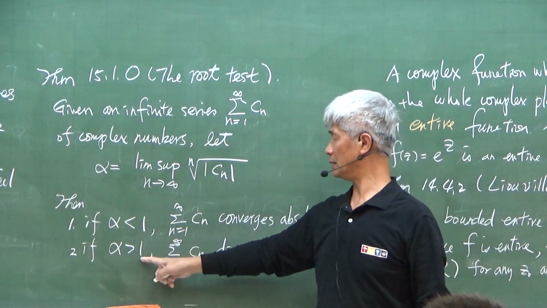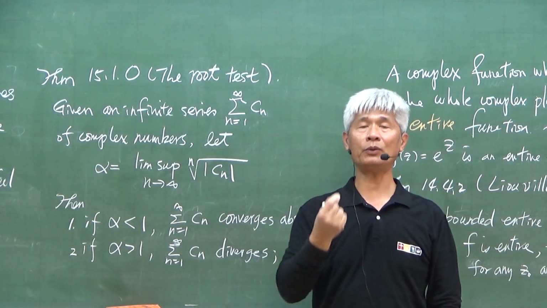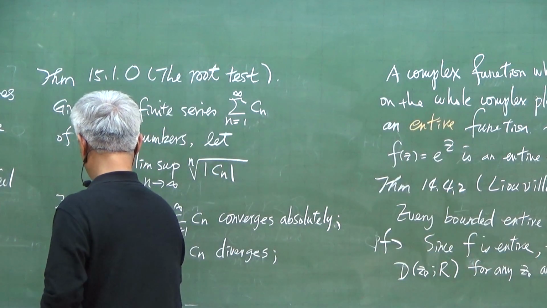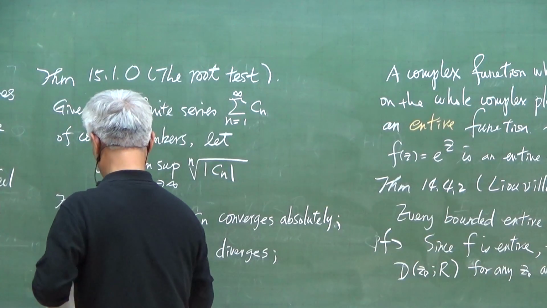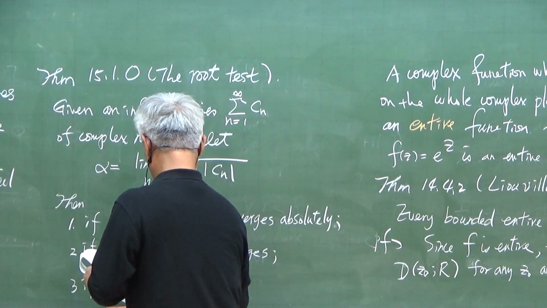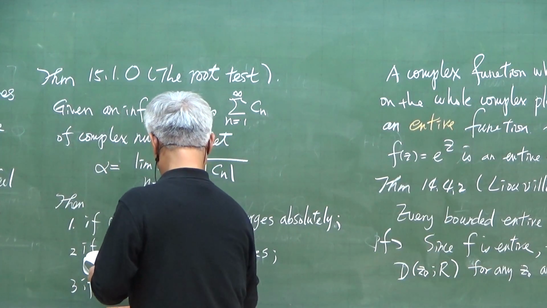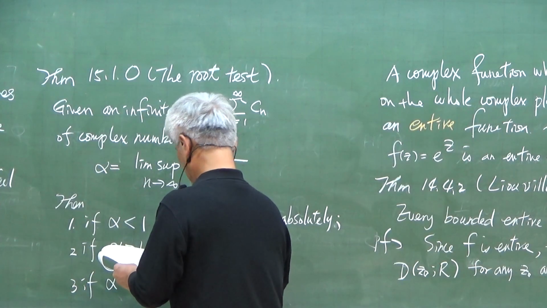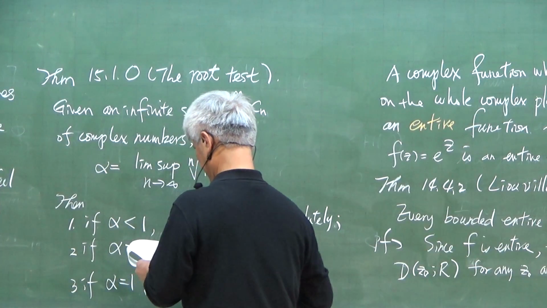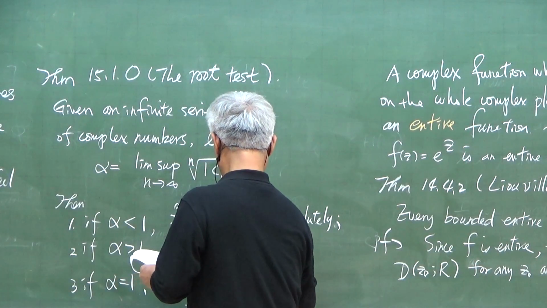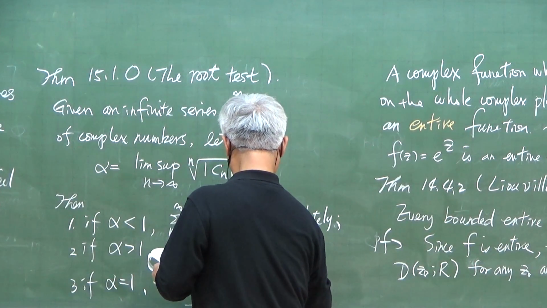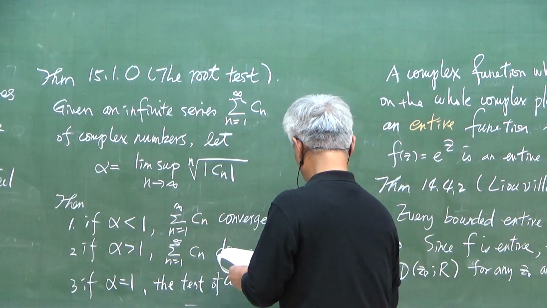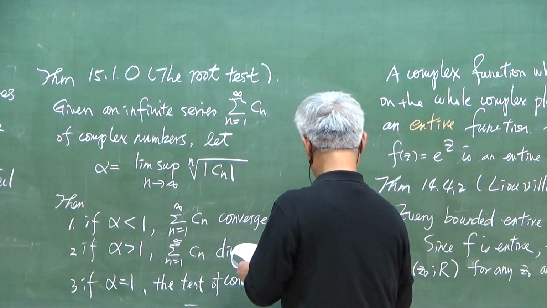So 1 is an important threshold. But if alpha is equal to 1, then the test fails; the test of convergence of the infinite series is inconclusive.